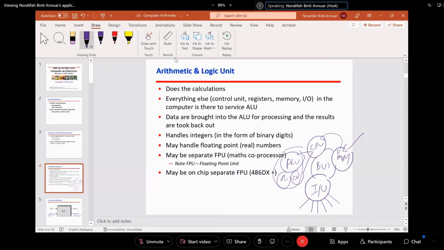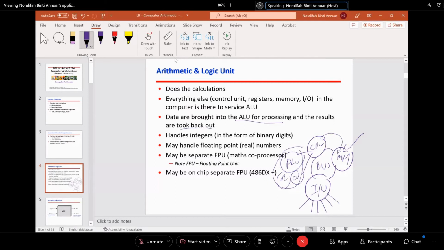Everything else is control unit and registers. The registers, you know, hold the data temporarily. What they're holding is data. Data can be a number or integer. In the computer, data are brought into the ALU for processing, and the result is taken back out to main memory. Dia akan store balik, dia akan store to the accumulator.